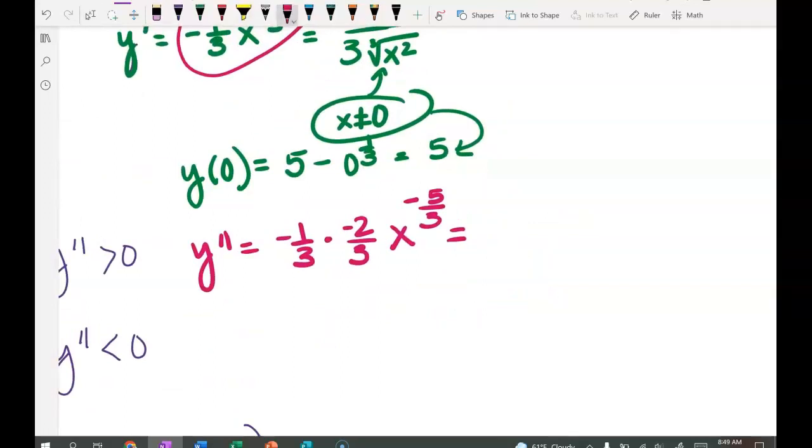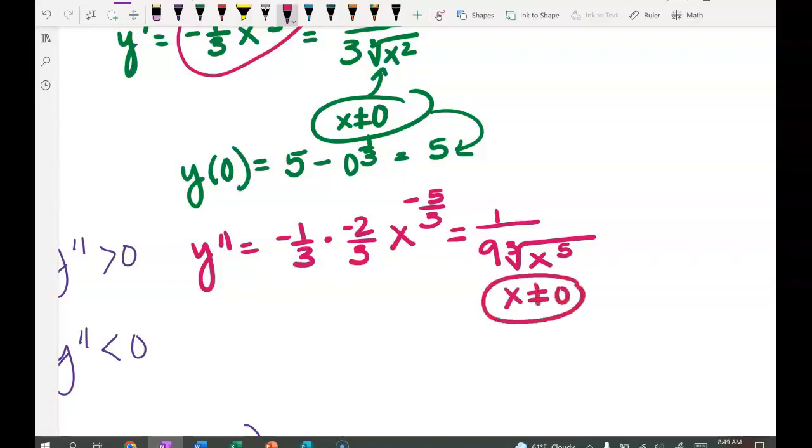We're going to make it pretty. So it's going to be a positive 1/9, and it's going to be a cube root of 3 with an x variable to the 5th power. As you can see, we can't really solve for x if we set it equal to 0. So there's only one value that x cannot be. X can never ever be 0 again because it's in the denominator.